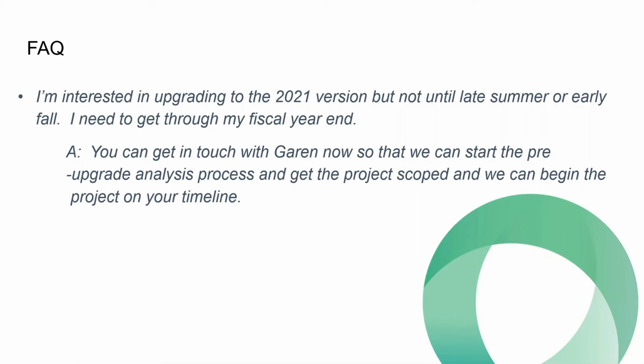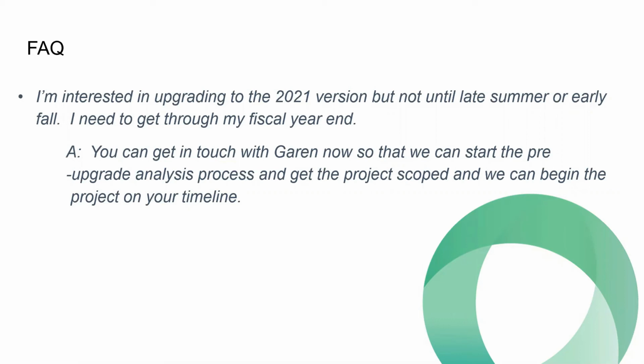So an example would be, I did a pre-upgrade analysis for a client last week, and with everything that they have going on and with their busy time, she really is not ready to upgrade until October. Well, you don't want to wait until October to start the pre-upgrade analysis process because, historically, we do not perform upgrades in December or January.